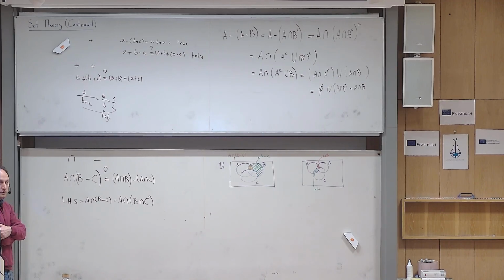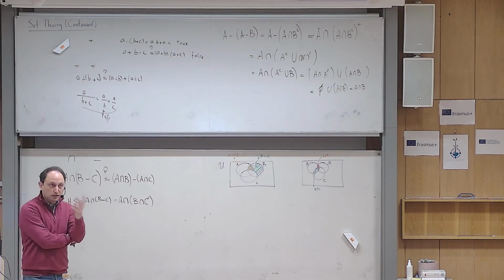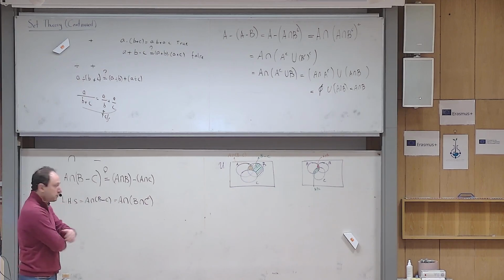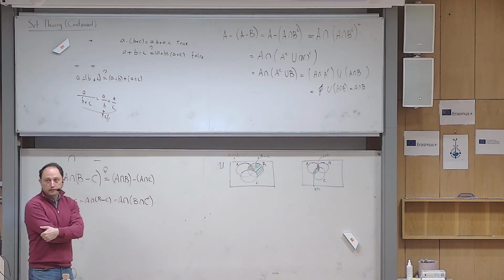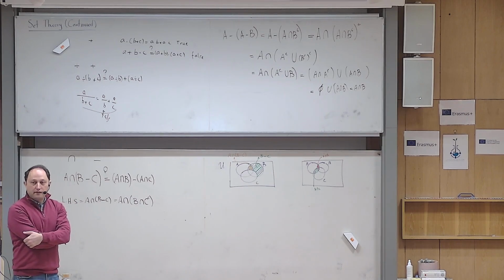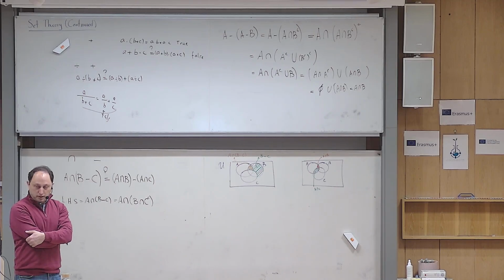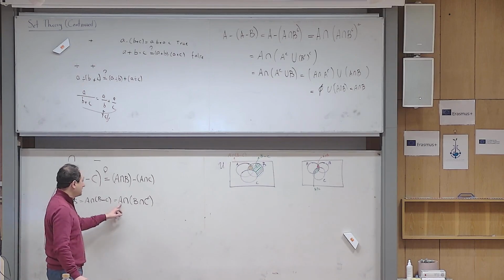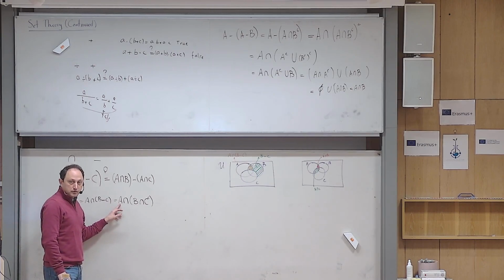Okay, what can I do now? Can I distribute something? No. Distribution needs 3 sets. I have it. It also needs 2 different operations. But both of them are intersection here. But strangely, I mean, it's not right, but you can write it as though it were. No, that is right. But why? The reason is that I can use the idempotent rule.